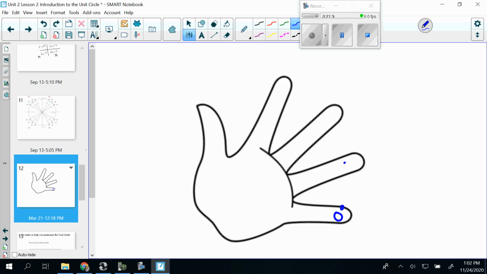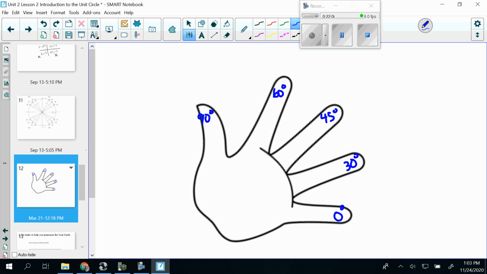This would be 30 degrees. Our major angles we just filled in, 45, 60, and then see how this forms almost like a right angle here? So our thumb here would be 90 degrees.